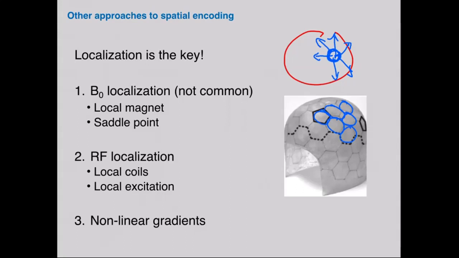And you can use that to locally receive signal. So for example, if I made a tiny coil and I put it on my skin and I create an image, then I will only get a signal from the part of the skin that's close to the coil, but that's it. So that's another way of localizing information, using local coils.